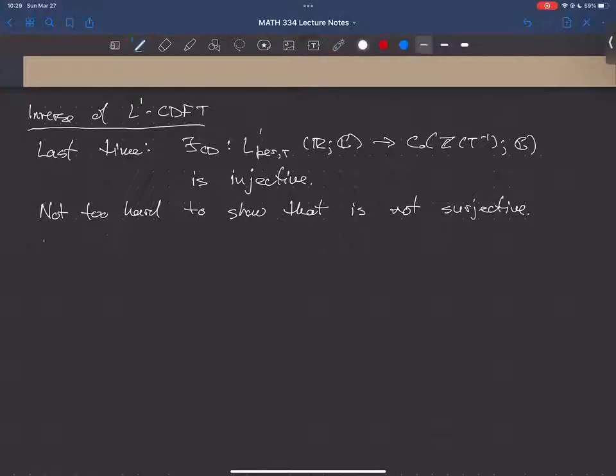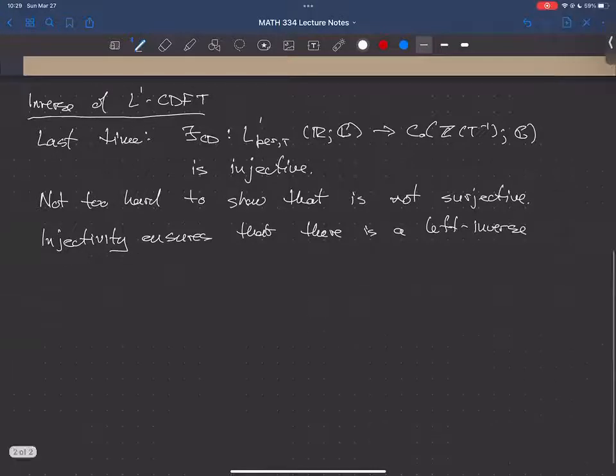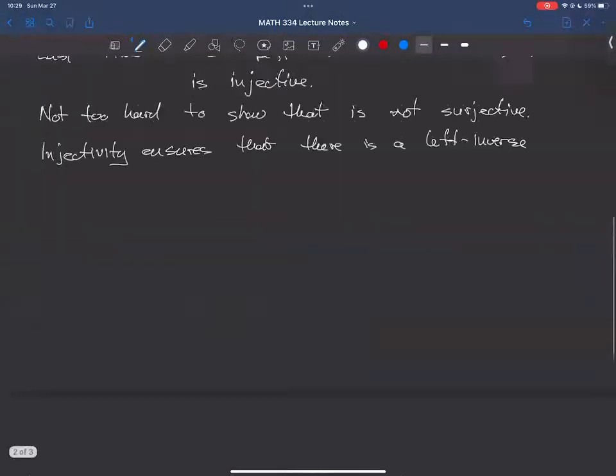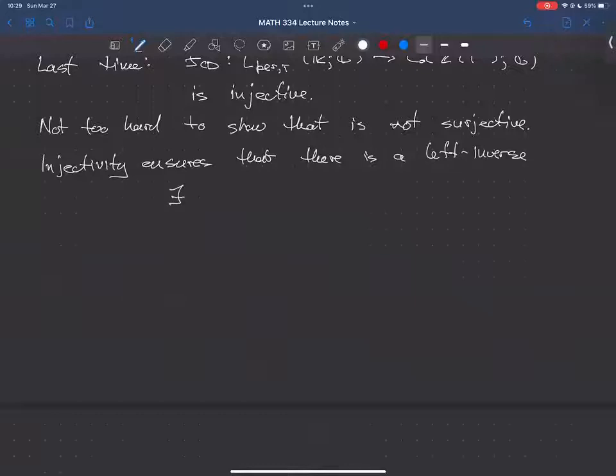And injectivity, as I mentioned last time, ensures that there is a left inverse. I'm going to call this a left inverse because we're actually not going to really use it or calculate it, so it doesn't matter if I use notation.